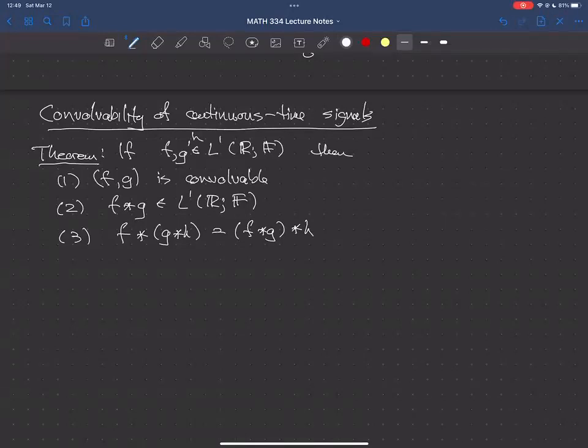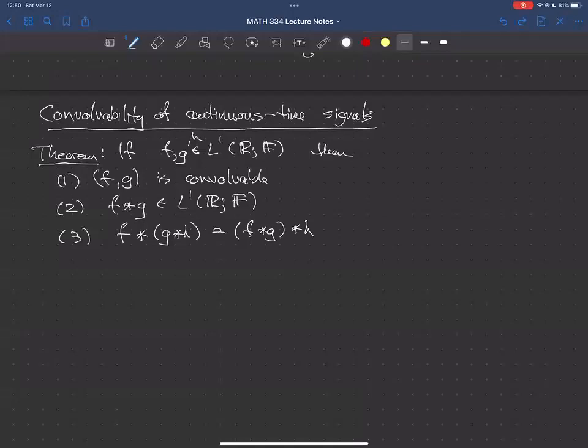And so what this tells us is that L1 has a product. There's a way of taking a product, namely the convolution product in L1, and you stay inside L1. This turns L1 into what's called a ring, and a ring has a sum and a product.